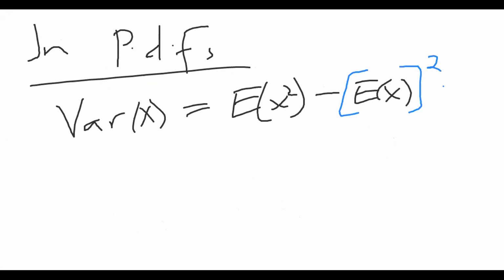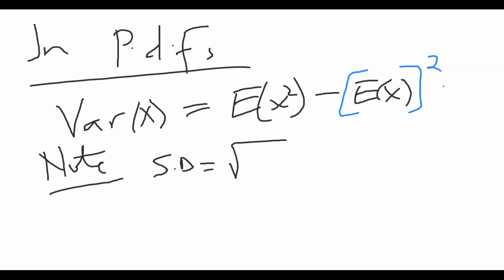In other words, it is the mean squared. Expectation of x squared minus the mean squared. And before I go to the general rules, I can simply add on this, note that standard deviation is the square root of the variance.